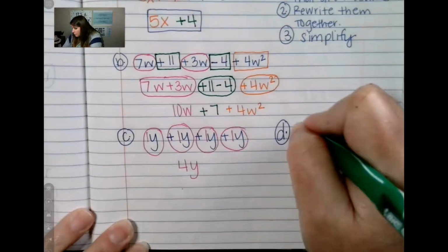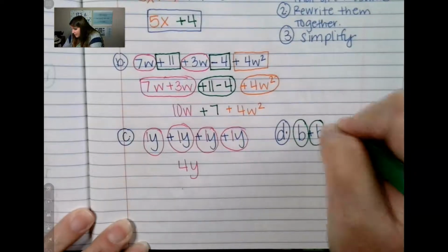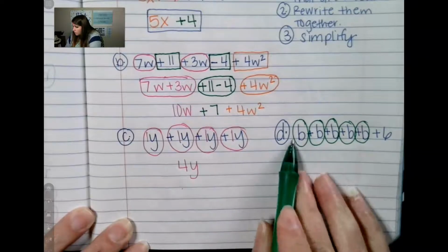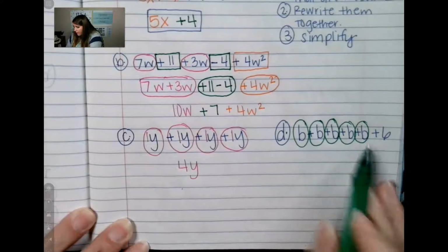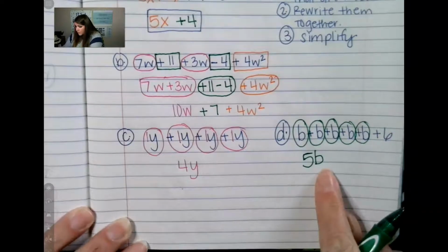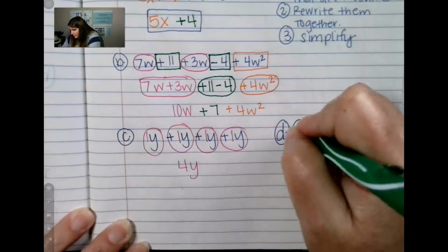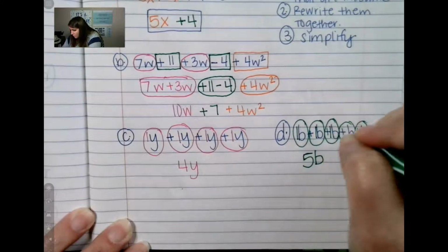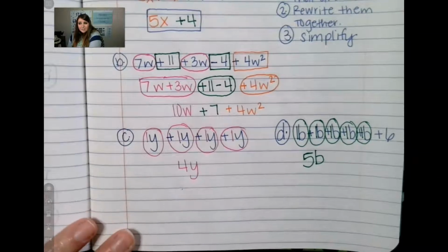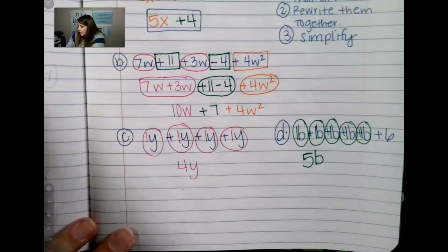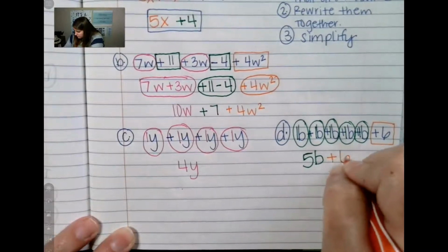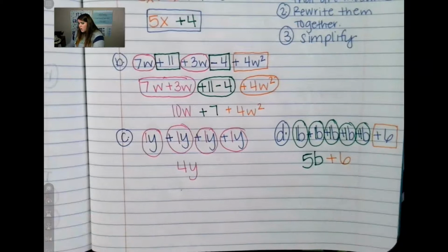Okay, again, I'm going to go through and combine the things that are the same, add them up. I have 1, 2, 3, 4, 5 B's. So 5 times B, because remember the 1 that's in front is invisible. We can't see it, but it's there. Plus, I have this 6 over here that's all by itself, and I'm going to stop.